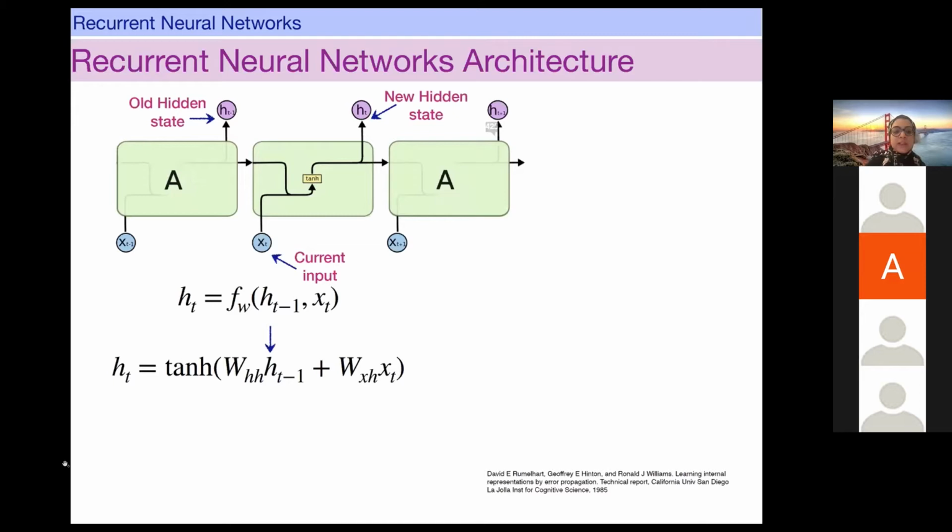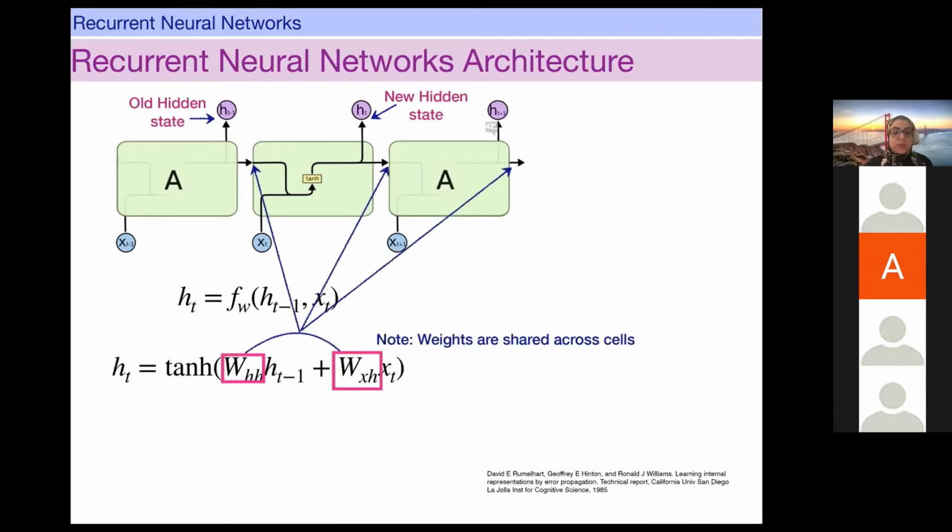So basically, this f of w is just a weight matrix which we multiply by the previous hidden state, another weight matrix we multiply by the input, and then we pass that through a tanh, and that's our next hidden state. One reason we're using the tanh here is that we want to add nonlinearity to our neural network.